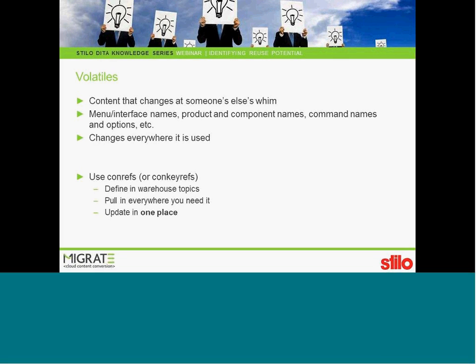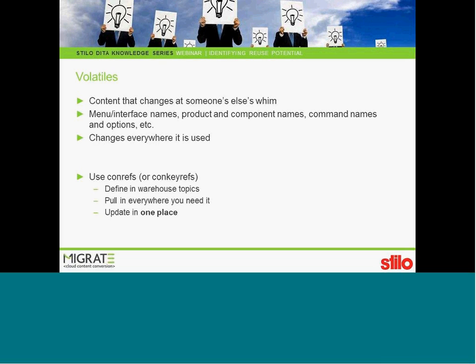It's the sort of information where you want to change it everywhere it's used, not in just select places, because when you change the source, you'll change it everywhere. Using conrefs or conkeyrefs, just keep that in the back of your mind. It could be conkeyrefs, and we're going to come back specifically to conkeyrefs later. We're going to concentrate on conrefs for now.